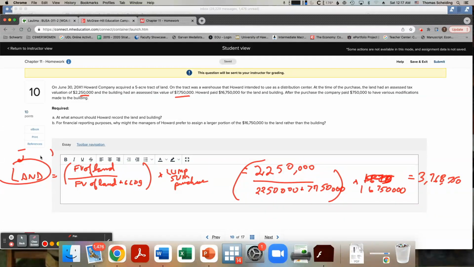Then, if we want to do the building, for the building we would do the future value of the building divided by the future value of the land and the building, and multiply that by the lump sum.